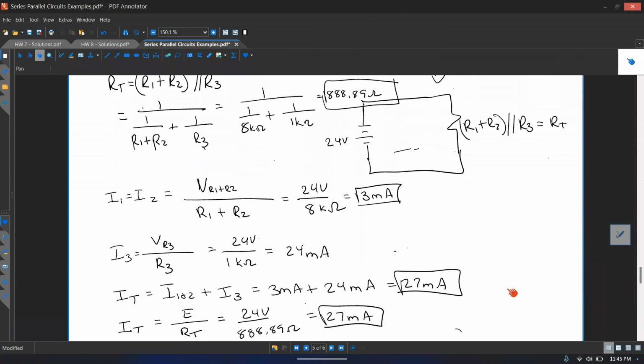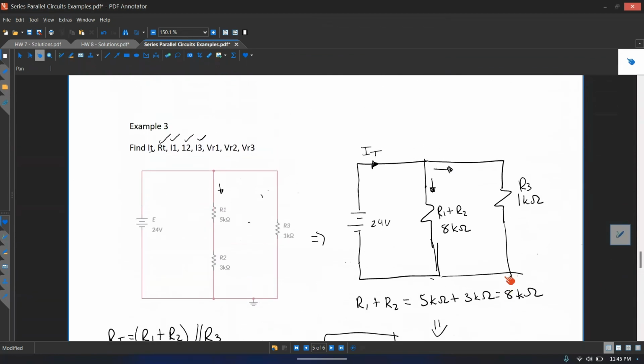And I encourage you to do so on your own to see if you come up with the same answers. Now, the last one we have to find is VR3. And so VR3 should be a gimme because we already know that anything that's in parallel has the same voltage. And so resistor 3 is in parallel not only with R1 and R2, but it's also in parallel with the source, which in this case is dictating the voltage.